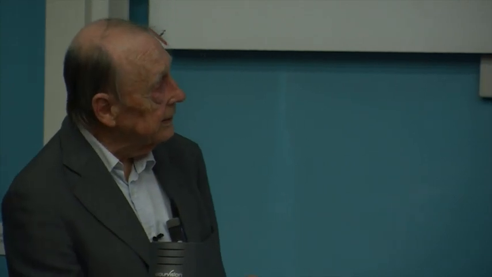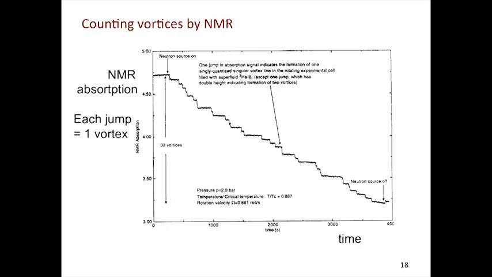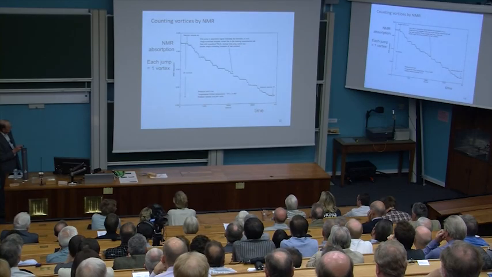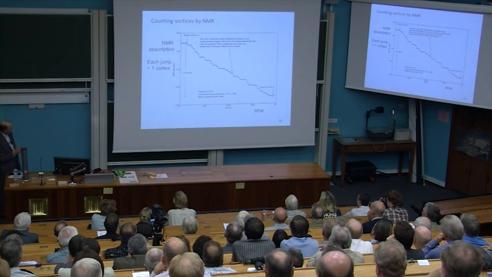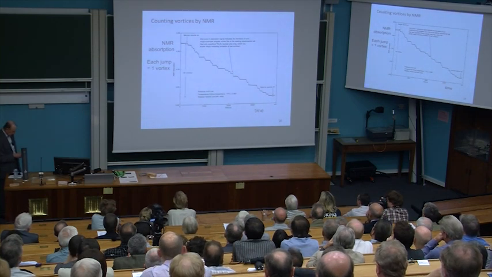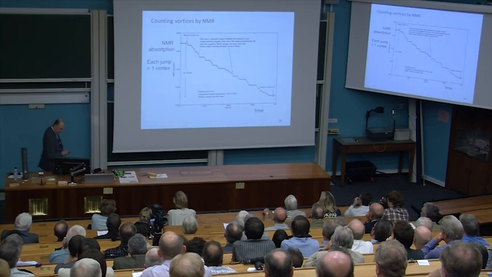This is a picture of the nuclear magnetic resonance absorption over a period of hours, and each of these little bumps is one vortex joining the cluster. Well, in some cases 2, but so that's 33 vortices.